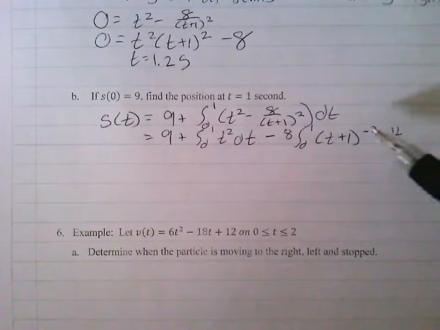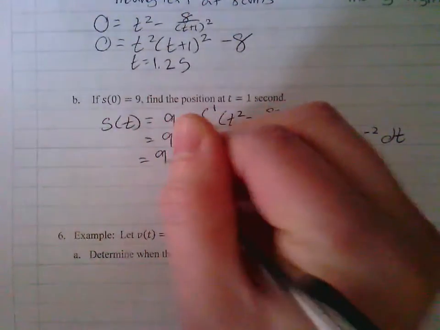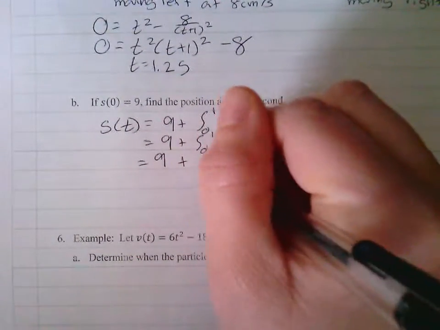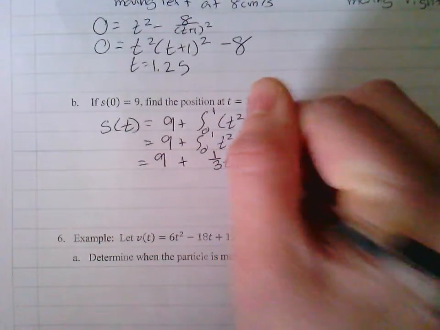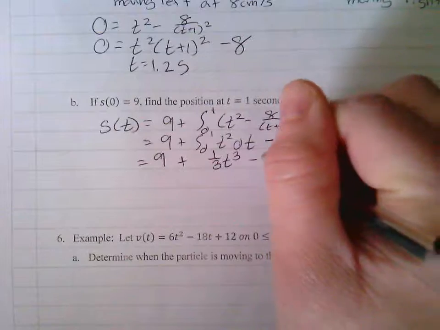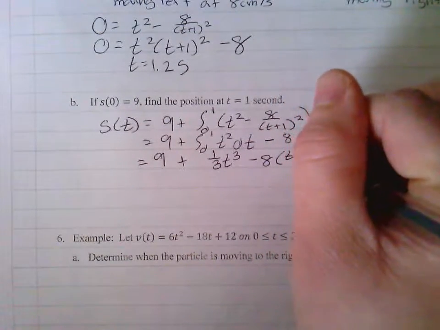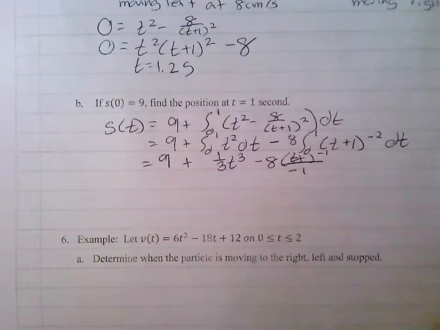So all you got to worry about is the power here. So you got 9 plus 1/3 t cubed minus 8 times (t plus 1) to the negative 1 over negative 1.